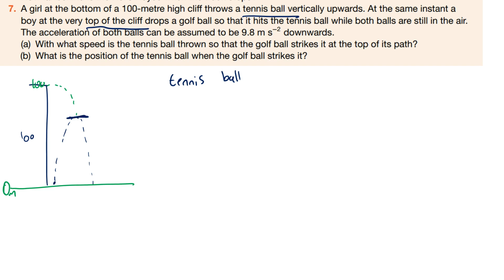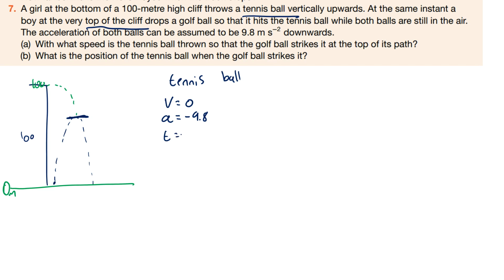The displacement at the top of the arc is when the final velocity, the velocity at the top, is equal to 0. I know that the acceleration is negative 9.8 because it pulls the ball downwards.